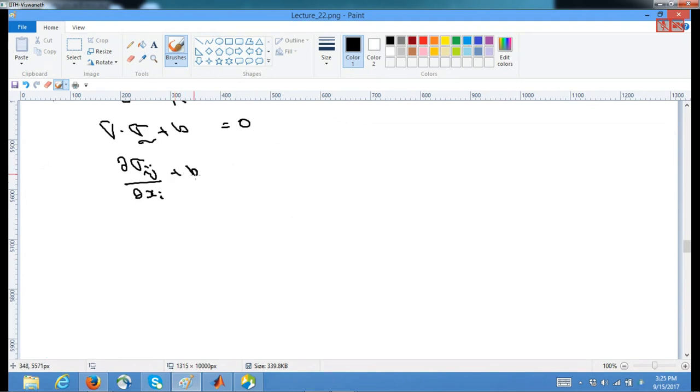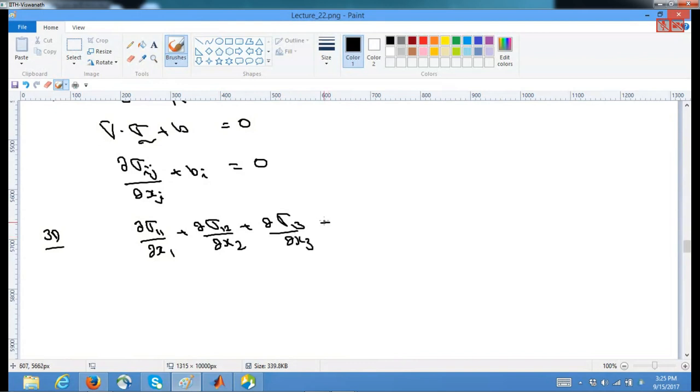This is for the 3D. For the 3D, it is given by dou sigma 1 1 by dou x1 plus dou sigma 1 2 by dou x2 plus dou sigma 1 3 by dou x3 plus the body force in the first direction.